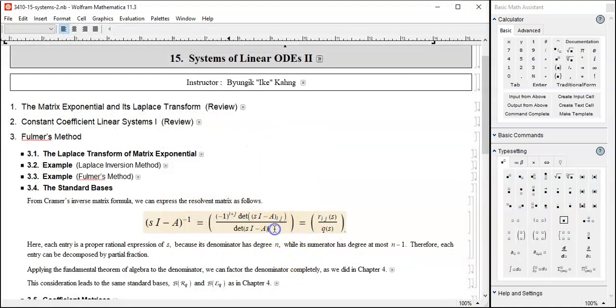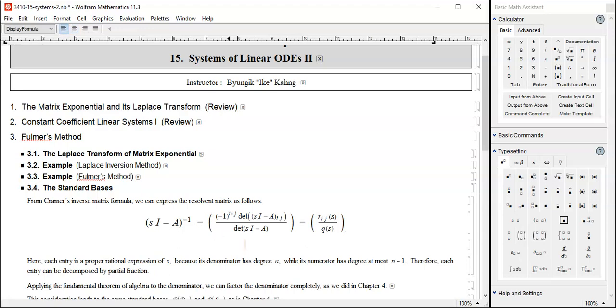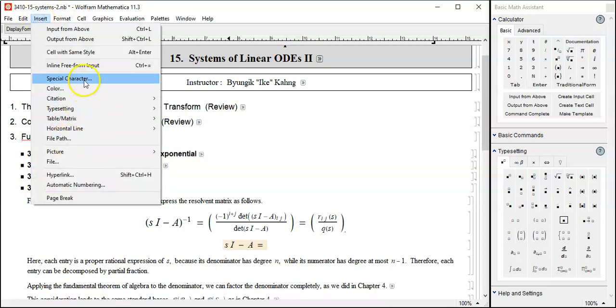Now let's come back to this. Determinant of sI minus A, and let's see, sI minus A looks like this. Let's put the matrix in there.